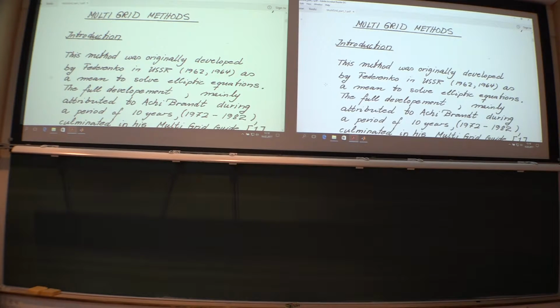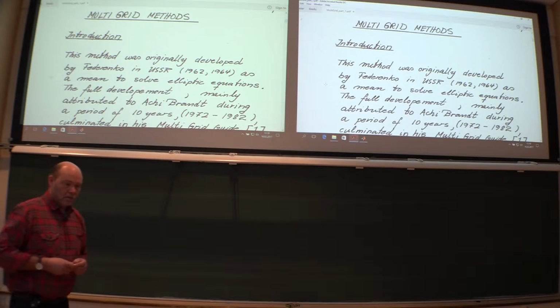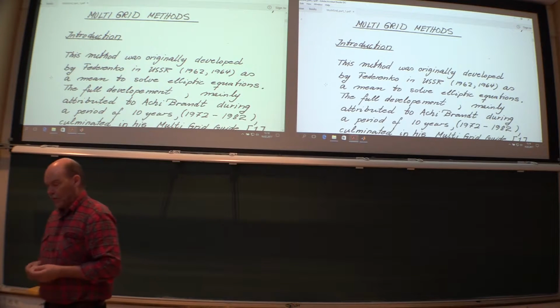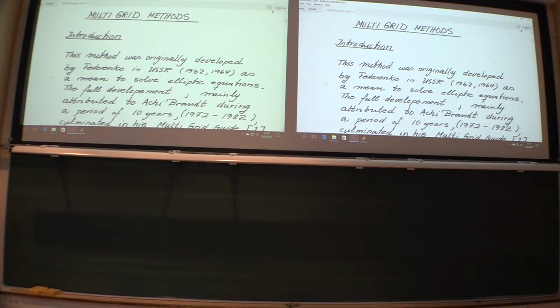Funny enough, the birth of multigrid was in Russia in the early 60s by Fedorenko. He wrote an article that nobody understood until 10 years after. The Russians were extremely good numerical people in those days. They had very weak computers, so they had to make efficient algorithms. So they were very clever, but nobody else could understand it.